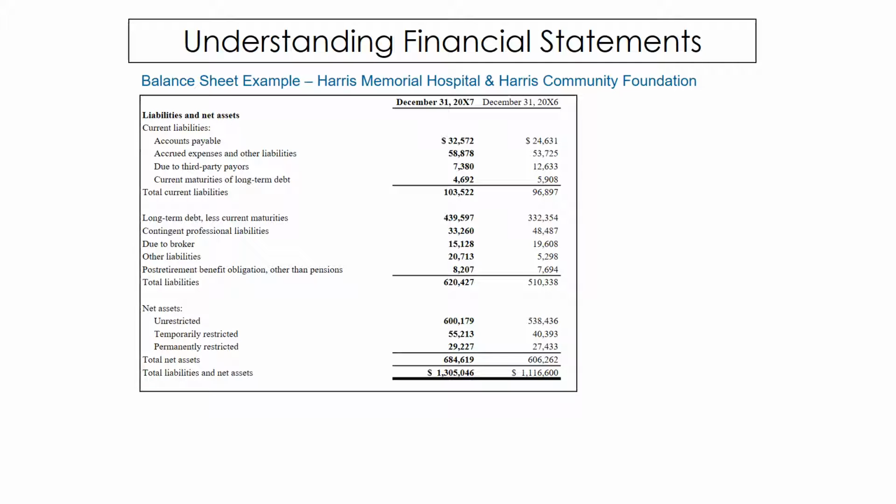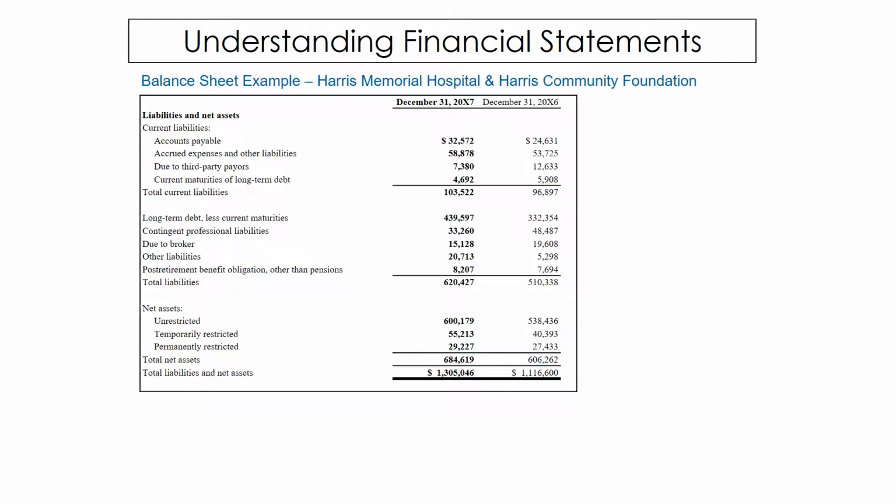So in general, anything that's not part of this current liabilities is generally older than 12 months, or is due past 12 months, and we get to a total liabilities of $620,427. And then we get down to our net assets, or the ownership part of our balance sheet. And remember, net assets is another term for equity.